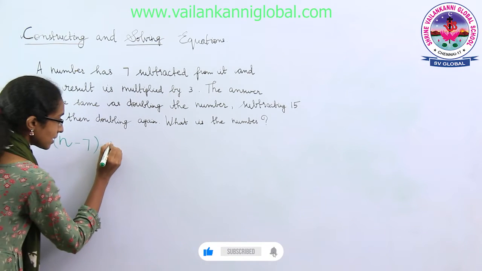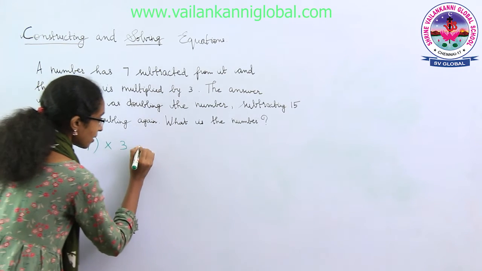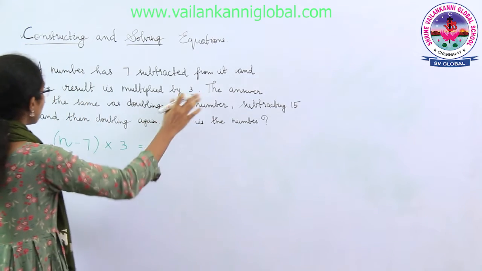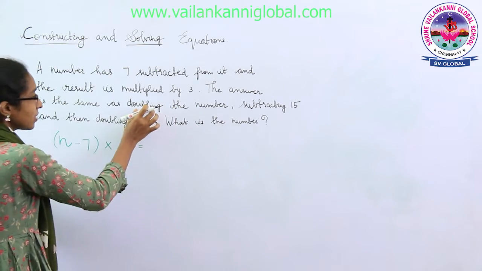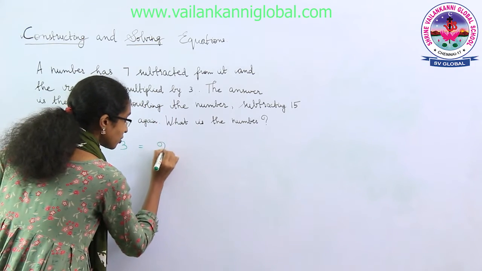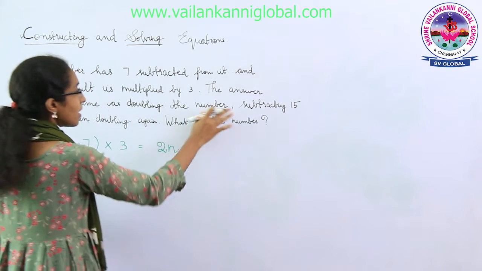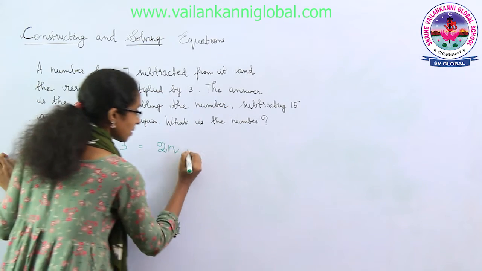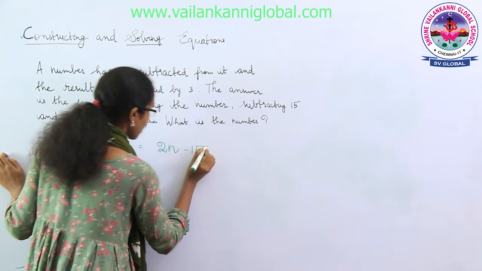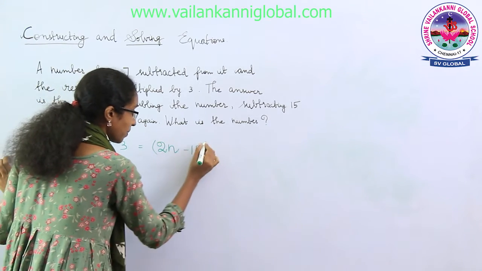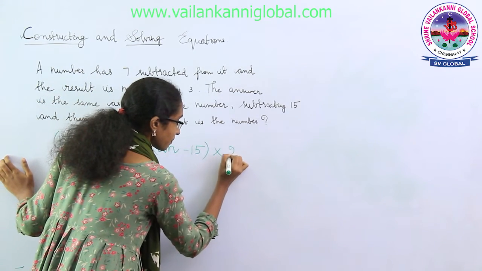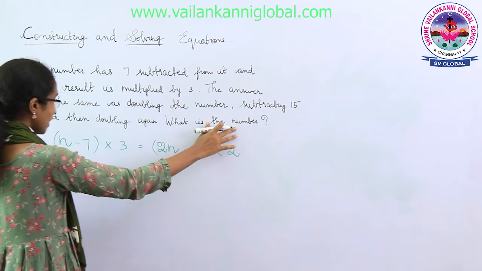So the whole is multiplied by 3, and that is equal to, the answer is the same as doubling the number. So doubling is, we make 2n, subtracting 15, so minus 15, and then doubling again, which means it is multiplied with 2. So what is the number?